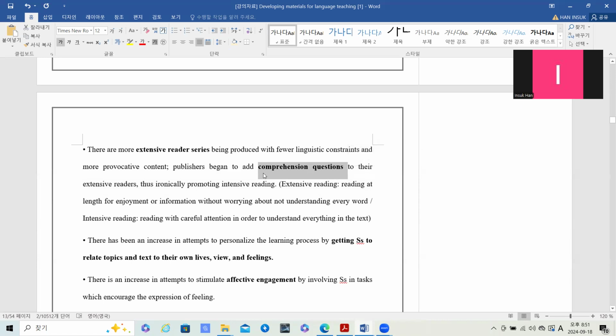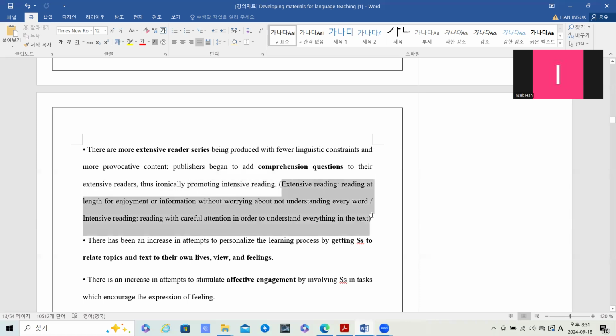So the students can focus on the linguistic or vocabulary part rather than the content or more extensive reading. So providing these kinds of questions ironically promotes rather intensive reading.